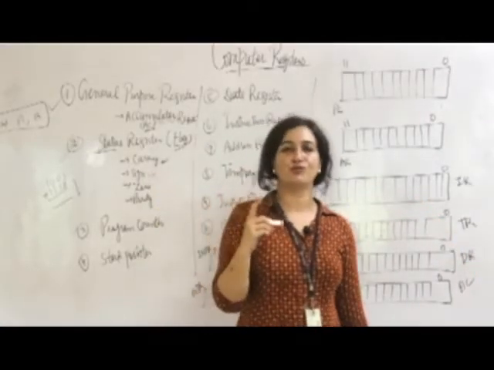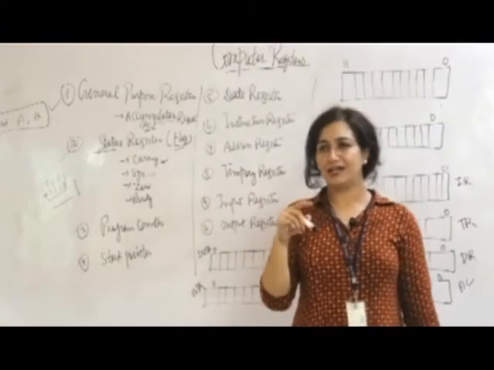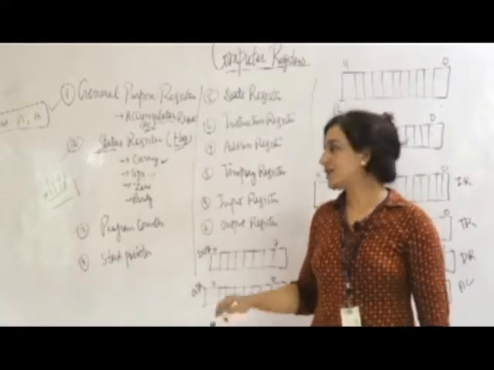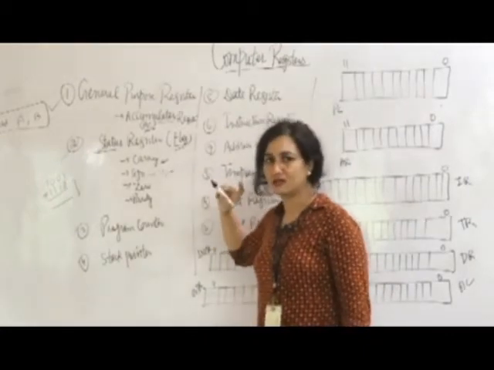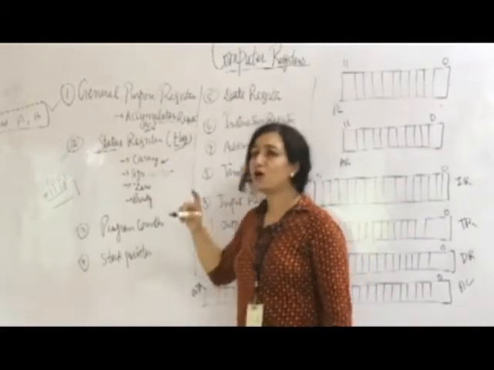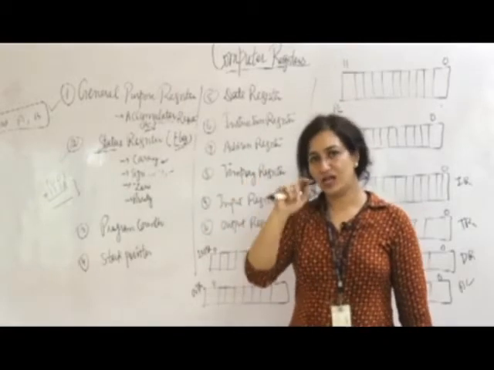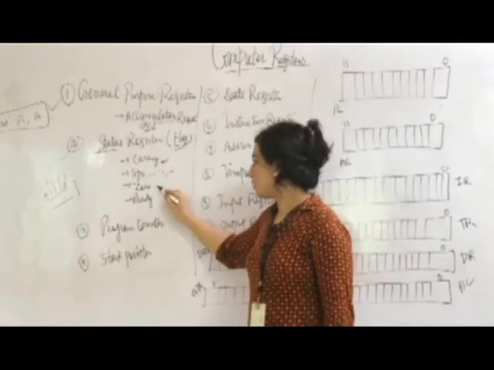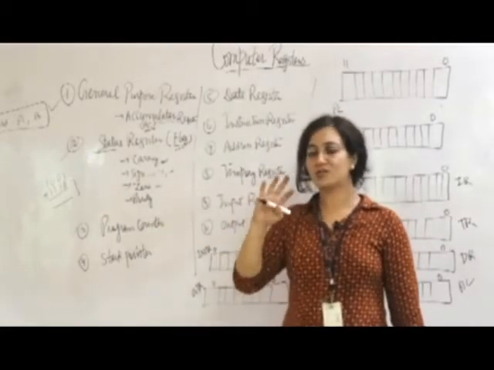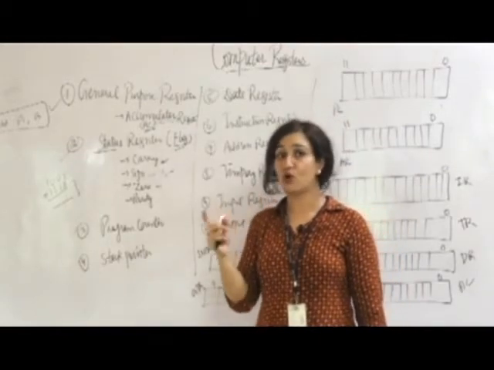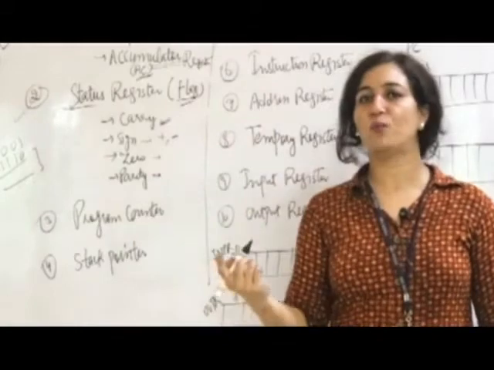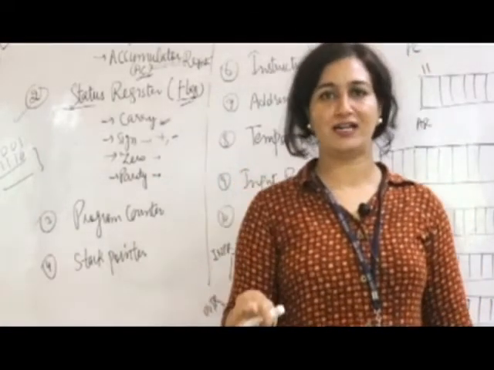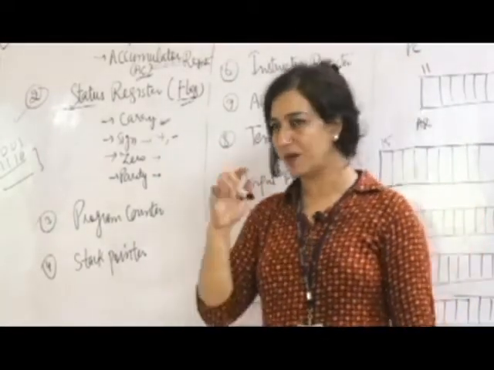Sign shows whether the output contains a positive sign or a negative sign, right? That result is stored in the sign flag. Zero flag means whether the output is 0 or not. Parity, I think you already know. There are two types of parity, even parity and odd parity.